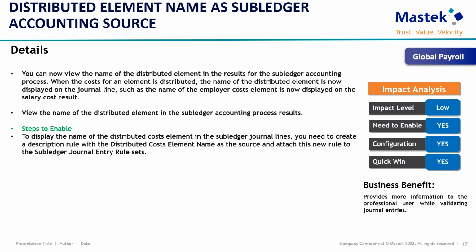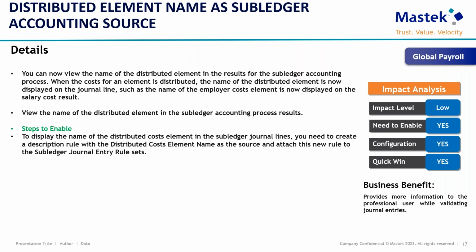In payroll, when we download the costing report, we have an option to see that this particular element has transferred values into 3 or 4 elements as part of distributed costing. But when we receive those values into subledger accounting, those values are consolidated and we only see the account details. With this particular feature, we can enable those distributed costs against the element in subledger journal lines as well.